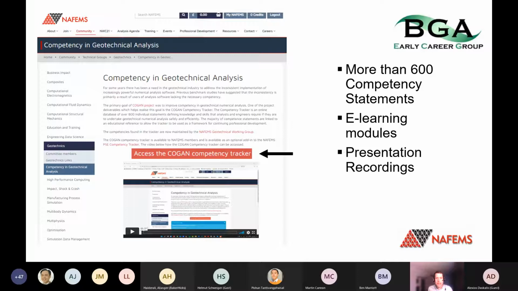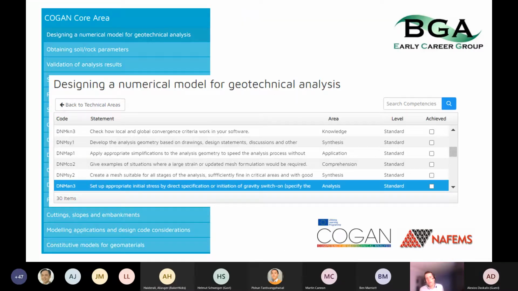Looking into the tracker now. The tracker is actually not just for geotechnical engineering. As I said in the beginning, NAFEMS supports all kinds of engineering simulation, and so there are various disciplines in the tracker. But once you are in the Cogan core area, you'll find that about 600 competency statements have been structured, first of all, in various groups.